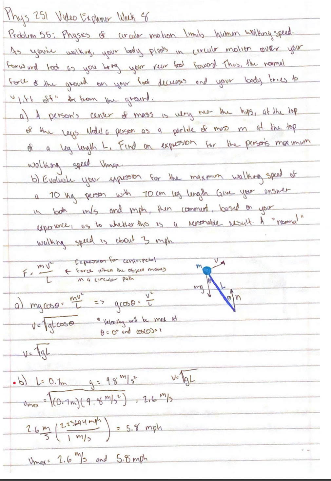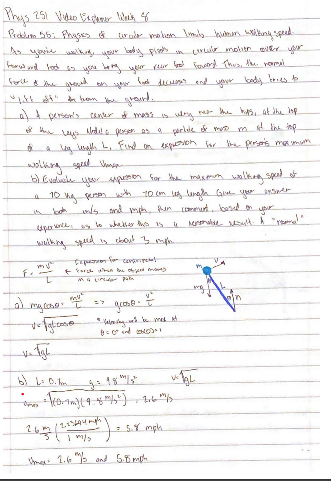And so in part B, we are applying this formula right here, and we are trying to solve for the maximum walking speed of a person who is 70 kilograms and has 70 centimeter long legs.